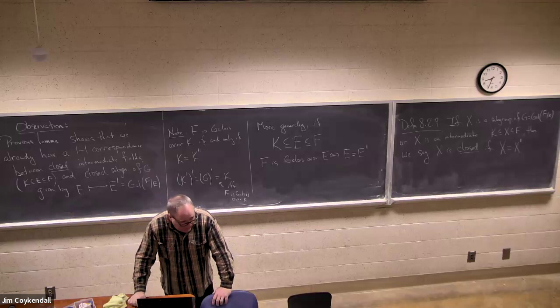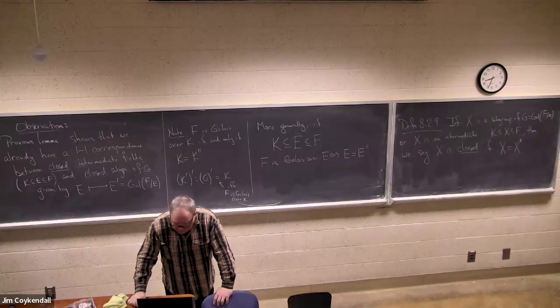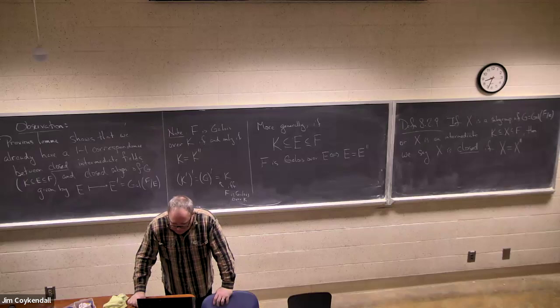So take a look at that lemma and you can see that what we have so far is a one-to-one correspondence between closed intermediate fields and closed subgroups of the Galois group.